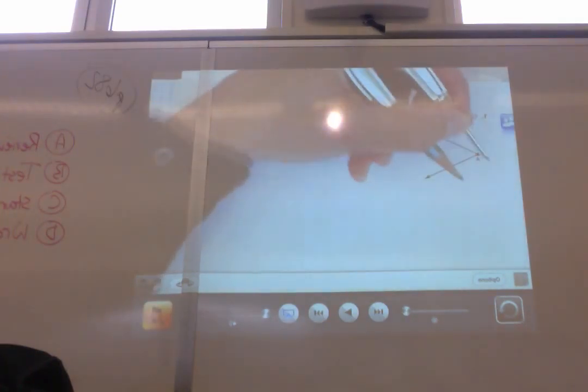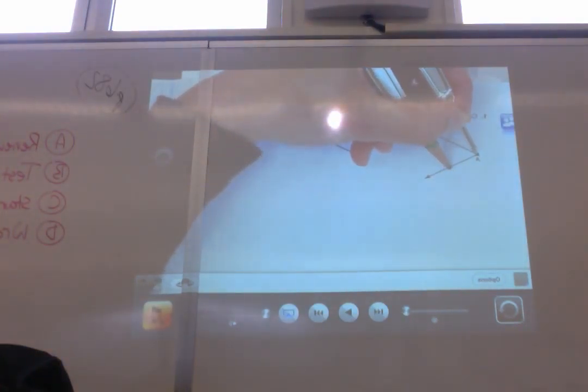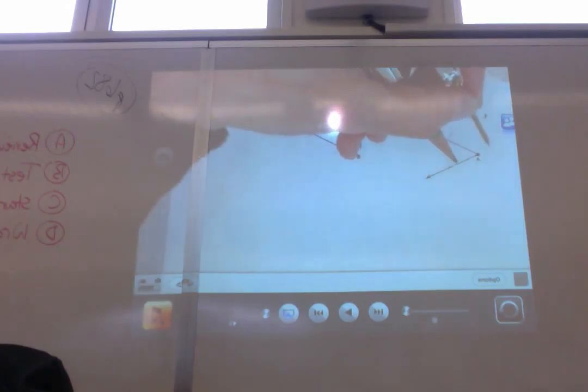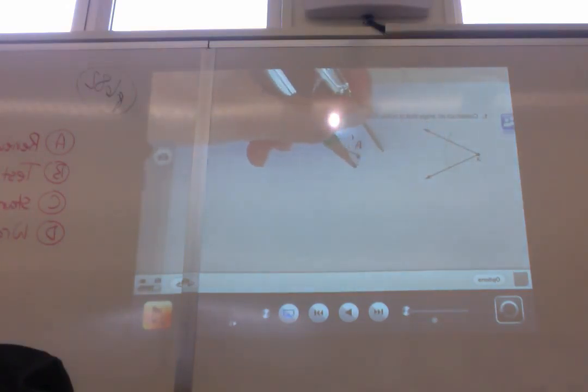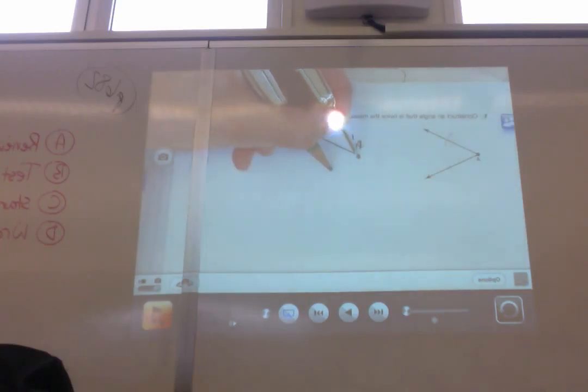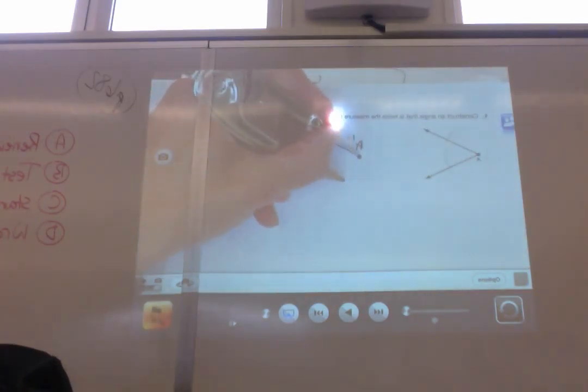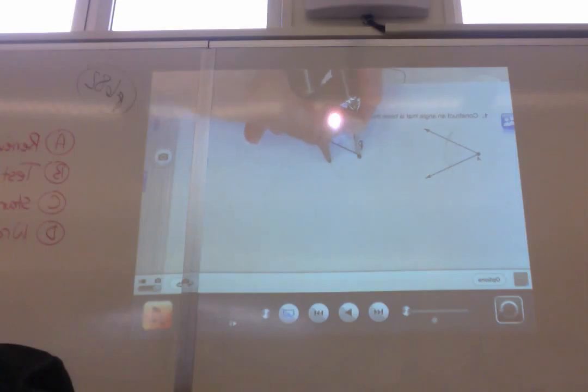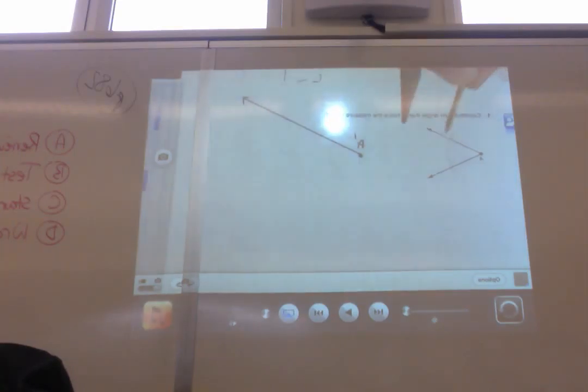Now you're gonna very carefully pick your compass up, hold that same measure, come over to A, and make a matching arc. It's hard.